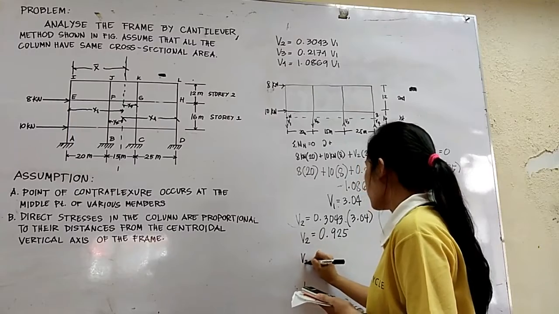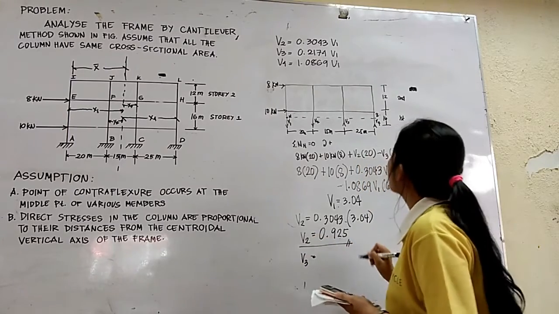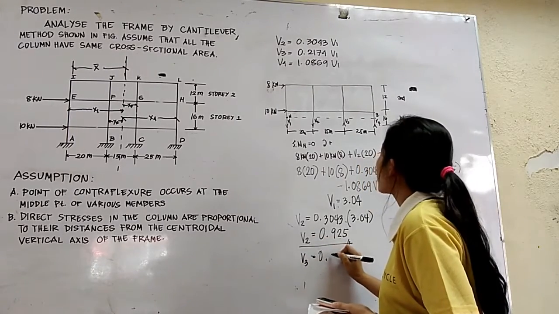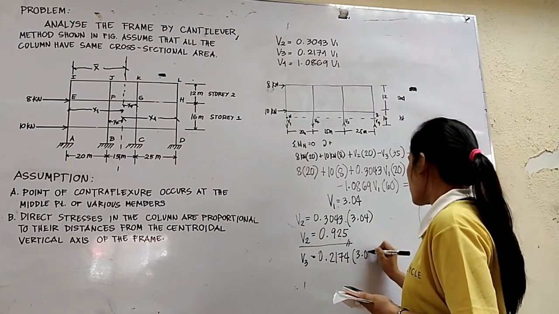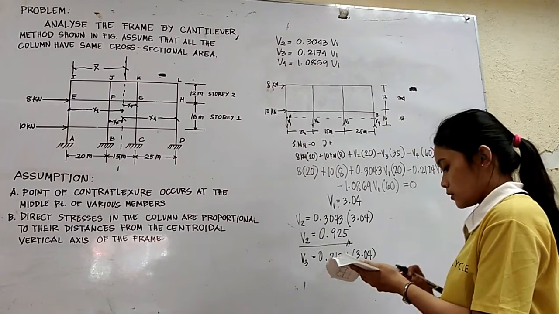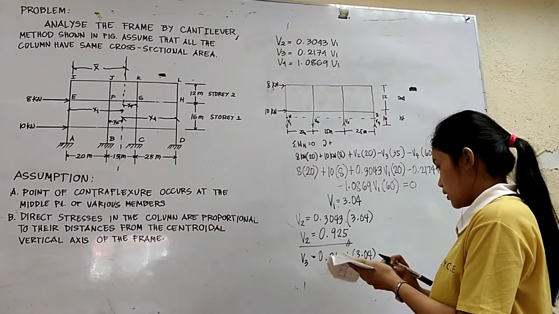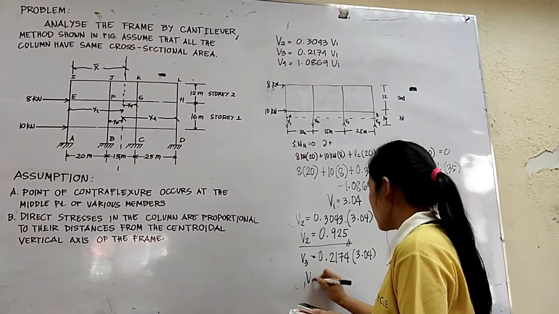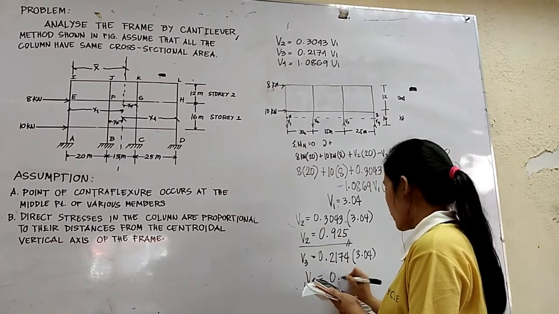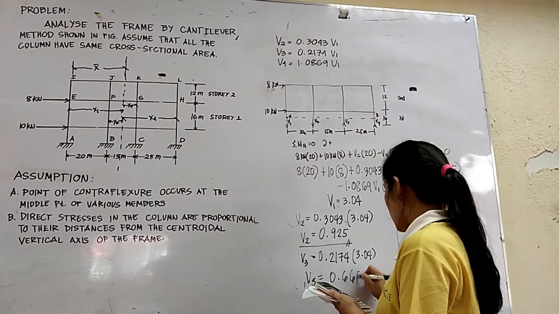For V3, 0.2174 times 3.04, V3 is equal to 0.6609.